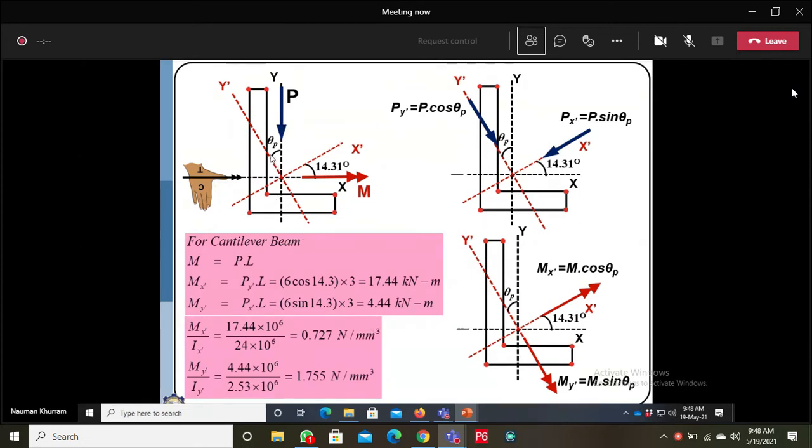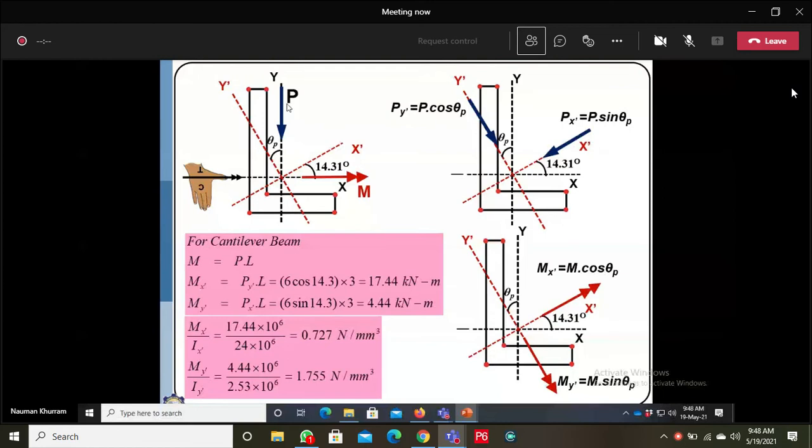I know the angle from the y axis. So the component of the load acting along the y principal axis will be referred to as Py bar, and that will be the cosine function. Why? Because the angle is given from the y axis. And the component of the load acting along the x principal axis will be the sine function of theta p.